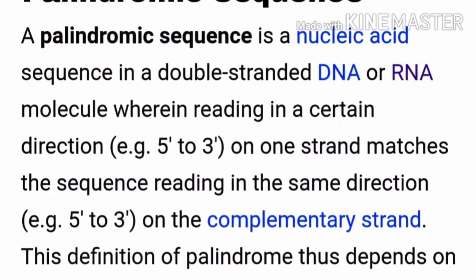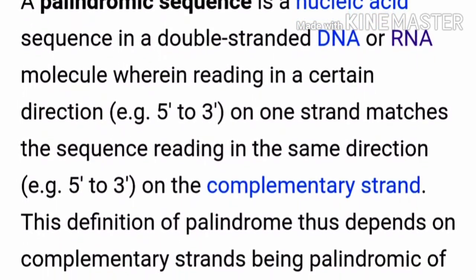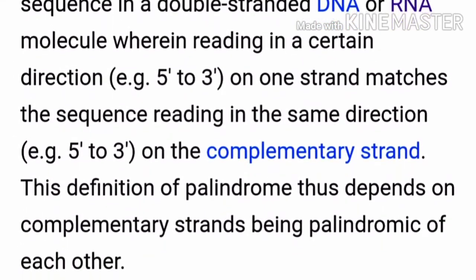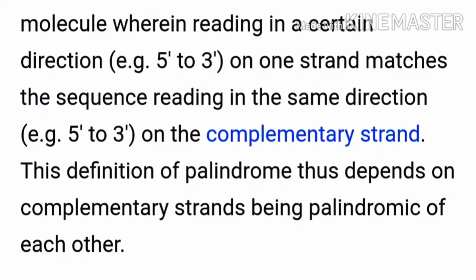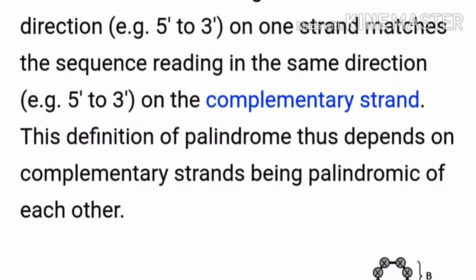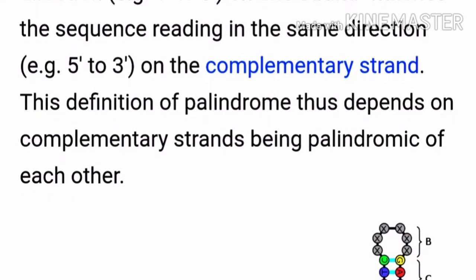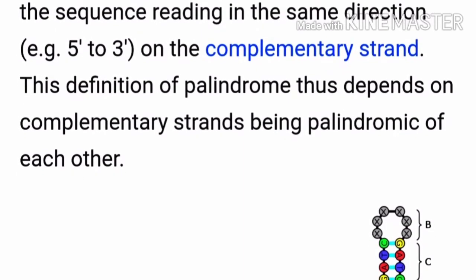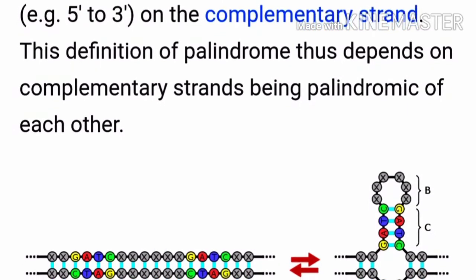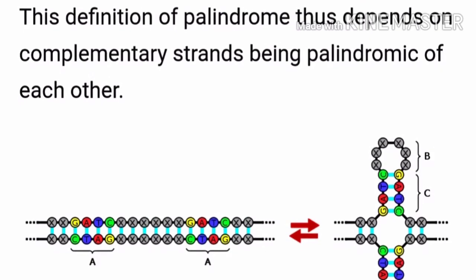Next, the palindromic sequence. A palindromic sequence is a nucleic acid sequence in a double-stranded DNA or RNA molecule wherein reading in a certain direction, for example 5 to 3 prime on one strand, matches the sequence reading in the same direction, for example 5 to 3 prime on the complementary strand.